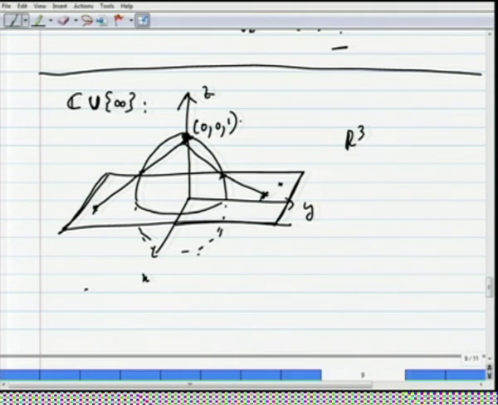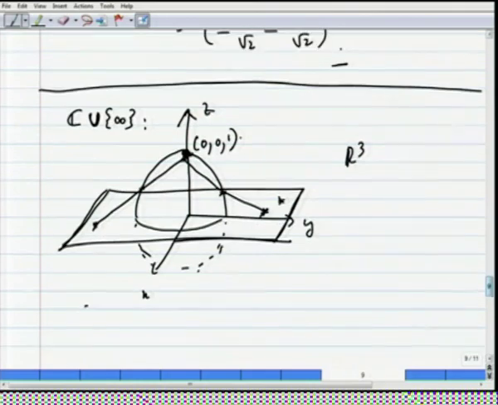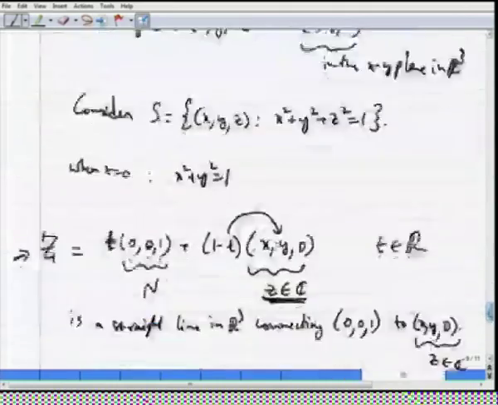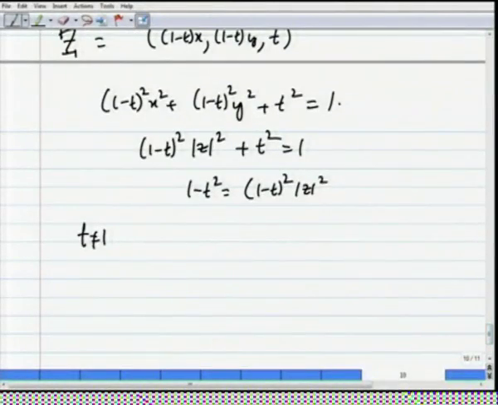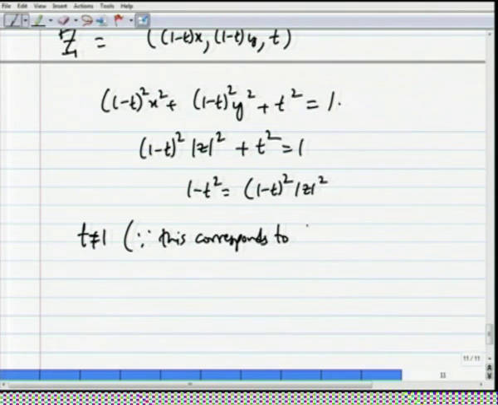After all, you are connecting the complex number to this point (0, 0, 1). So, that will not intersect the sphere in (0, 0, 1) itself. So, t will not be 1, since this corresponds to the point (0, 0, 1).